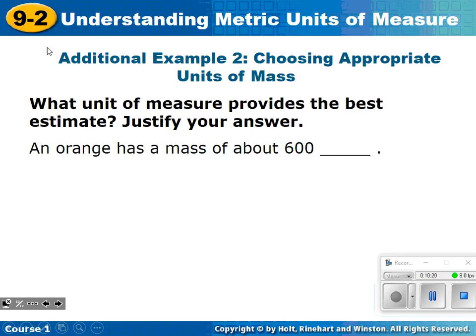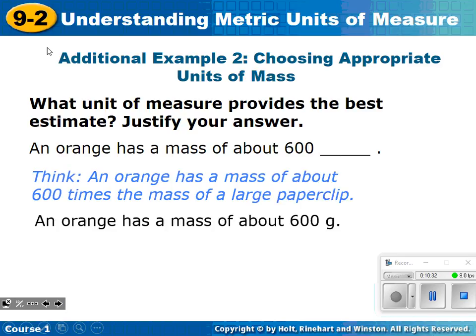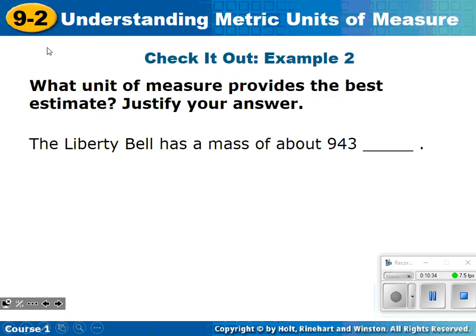Which one do you think? Gavin? I'm going to say 600 grams. About 600 paper clips. Okay? All right. Liberty Bell. 943 mosquitoes, 943 paper clips, or 943 textbooks?